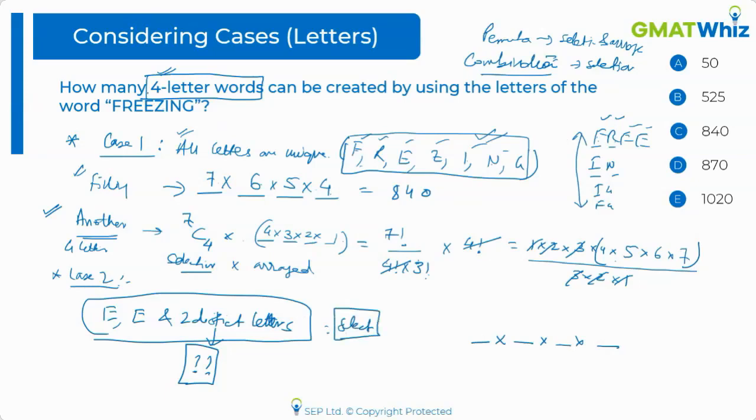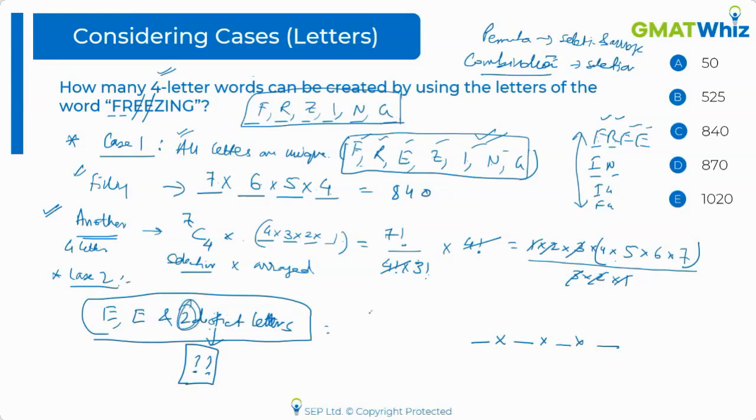Now I'm already using the 2 E's, so what am I left with? Let me write it separately: F, R, Z, I, N, G. 1, 2, 3, 4, 5, 6. So I have 6 options, and out of 6 options, I need 2 of them. That can be done in 6C2 ways.